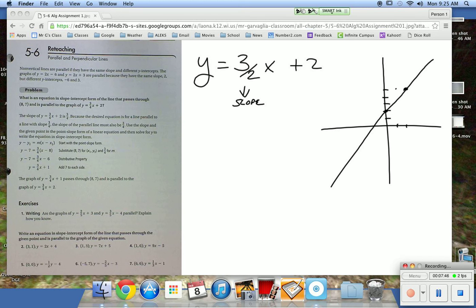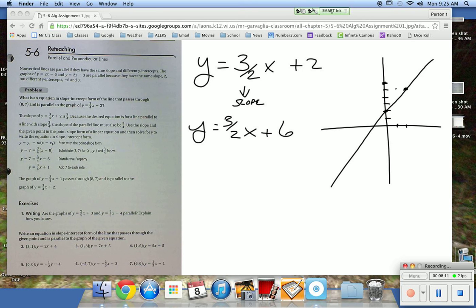Then you would cross the y-axis at 6. Parallel? Yeah, this is what she's asking. If I did this right here plus 6, then I'd go up to 6 here: 1, 2, 3, 4, 5, 6, and that's where it would cross my y-axis.